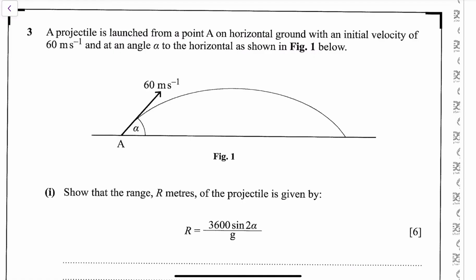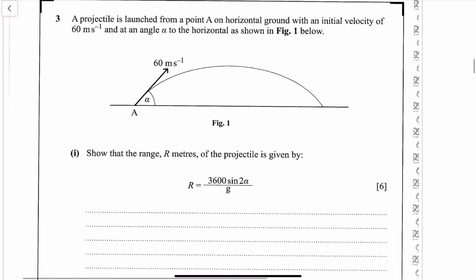I think you need to understand what's happening in the proofs. The reason for that is, prime example here, instead of calling the initial speed u, as it would be in quite a lot of people's notes, they've called the initial speed 60. So if you just learned it with a u in it, this will throw you. Understanding is where you need to get when you're learning and revising.